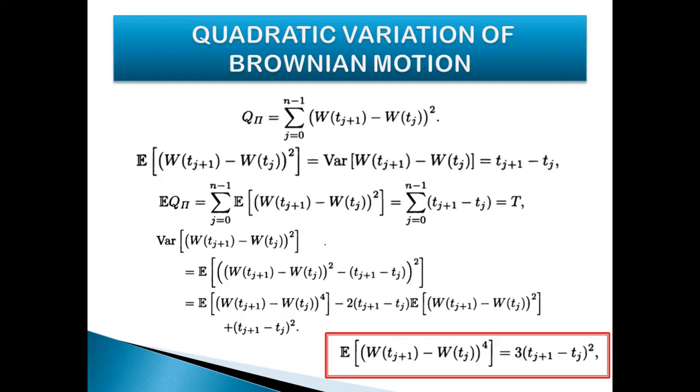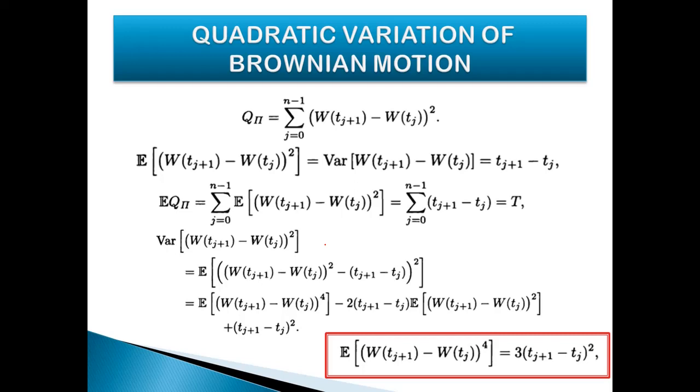So how do we prove the quadratic variation is equal to T? We first consider Q_pi. By the notation Q_pi, we mean the summation over j equals 0 to n minus 1 of (W_{t_{j+1}} minus W_{t_j}) squared. The expectation of (W_{t_{j+1}} minus W_{t_j}) squared we can find is t_{j+1} minus t_j.